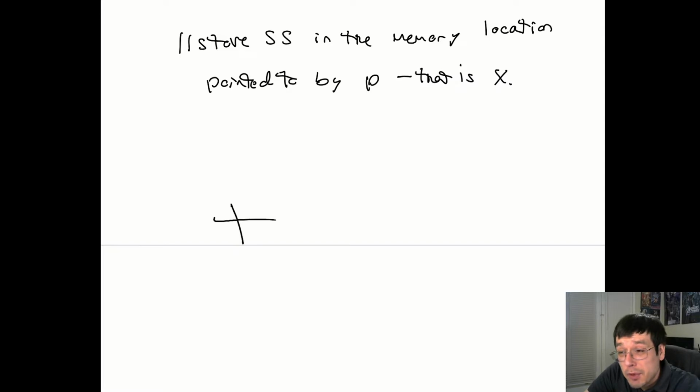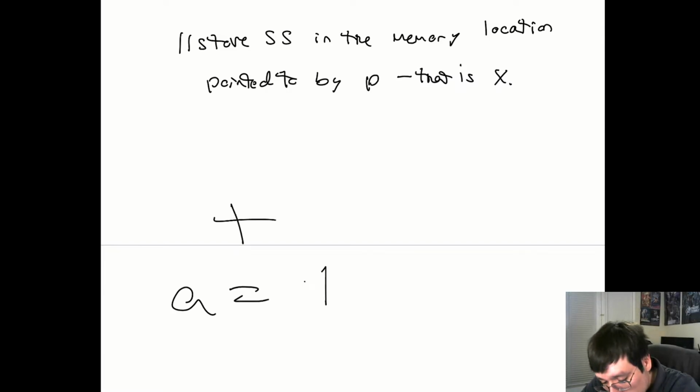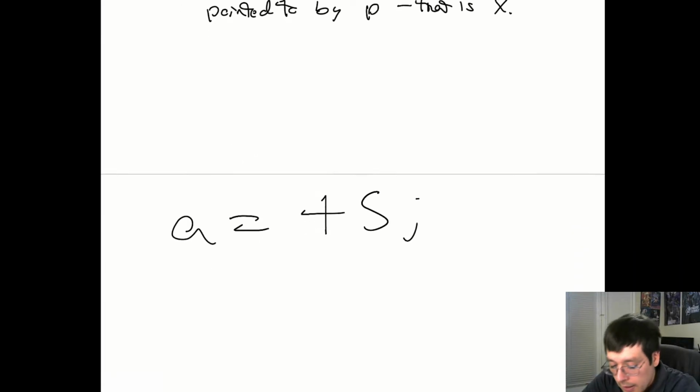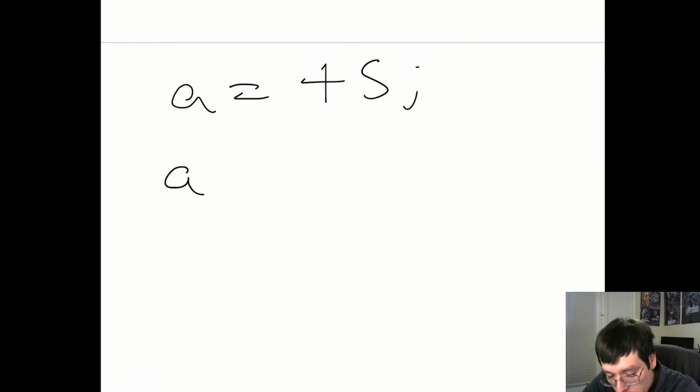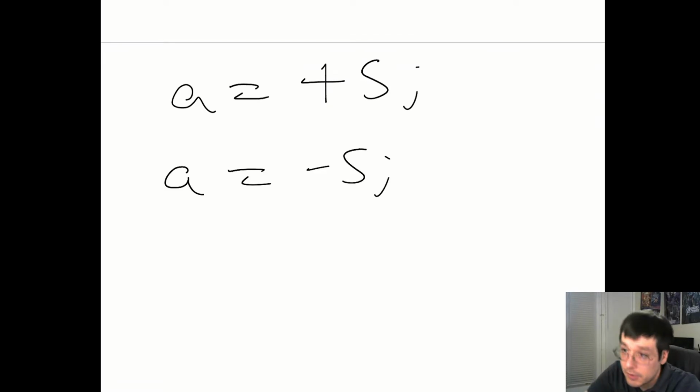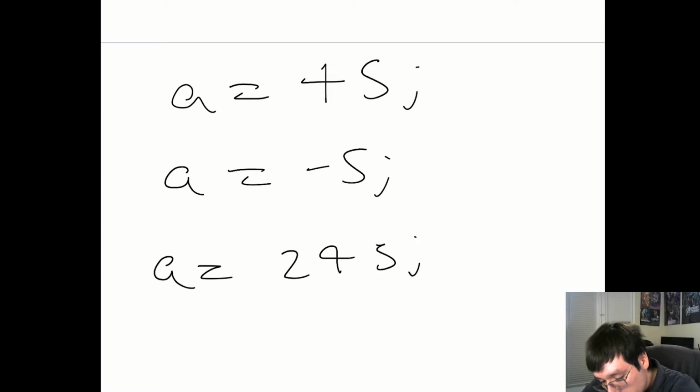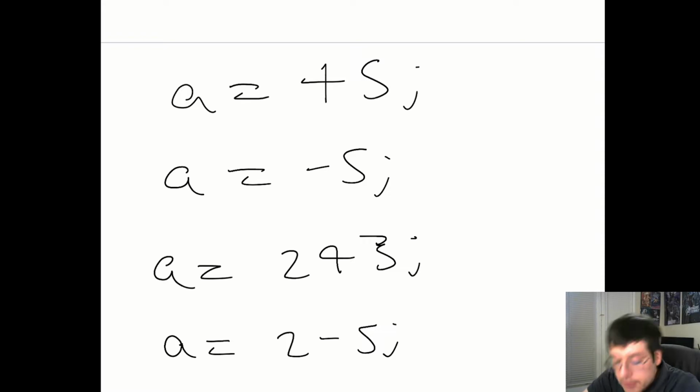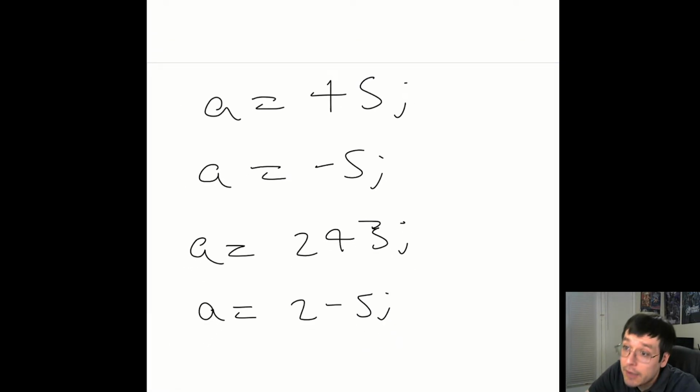It's rarely ever used, but technically speaking, I could write A equals plus 5, and that is literally the same thing as writing 5. It's more to match if you do A equals minus 5, because that actually means negative 5. So in this case, the plus and the minus are unary operators. But if you do something like 2 plus 3, or A equals 2 minus 5, in those cases they're going to be binary operators.